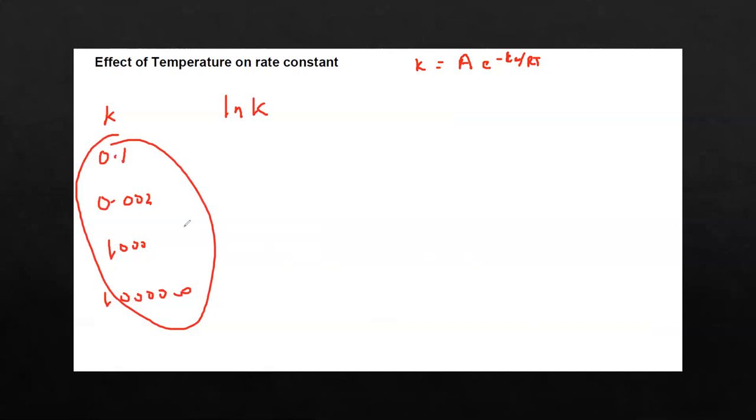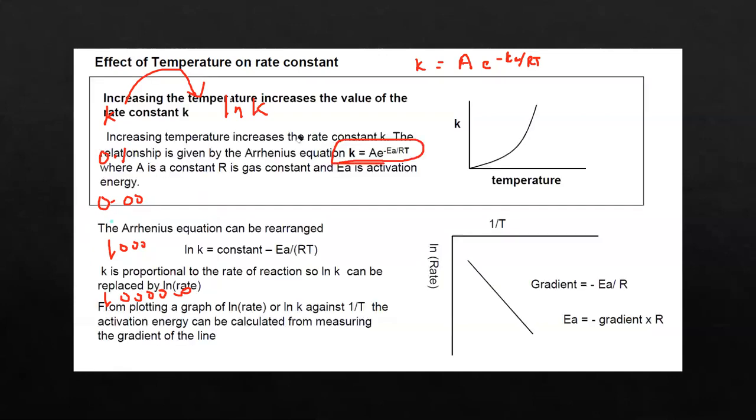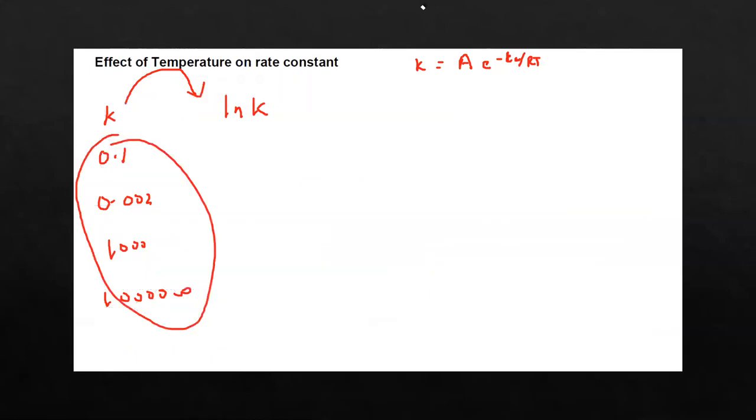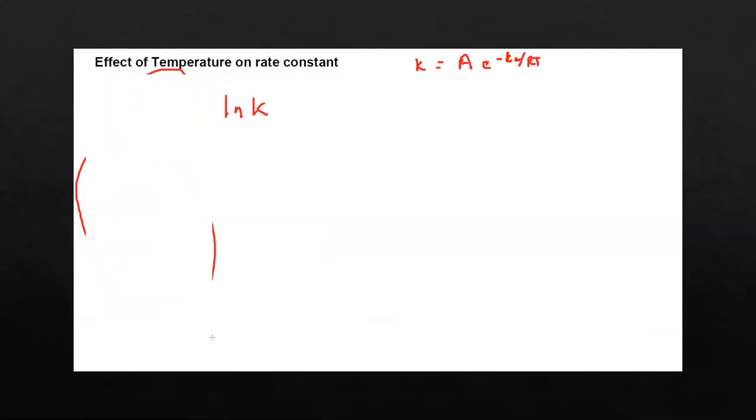So when they have too much variation, instead of plotting the graph for the same values, we take the logarithm, ln. When we take a log, the difference between the numbers decreases and they are on the same scale, so you can plot a graph easily. So if we take ln both sides, the purpose of the log or ln is to reduce the variation between the numbers.